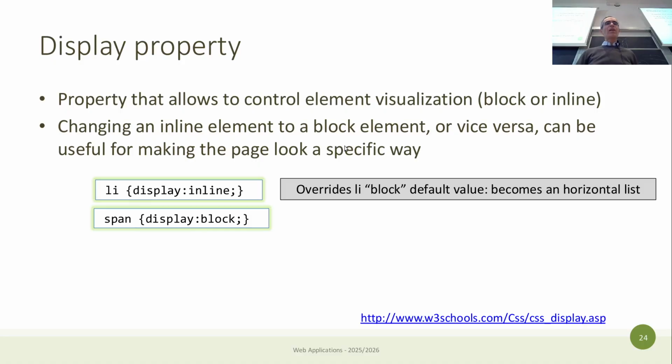Okay, display property. That's very important. Okay, because the property allows you to control the way in which elements are visualized. Each element has a default display property, either inline or block. Okay.